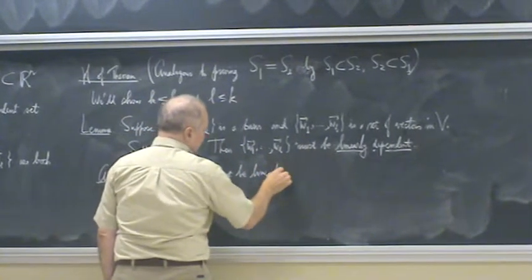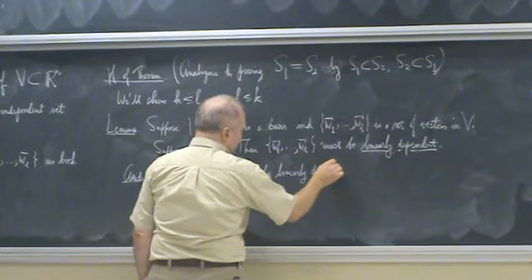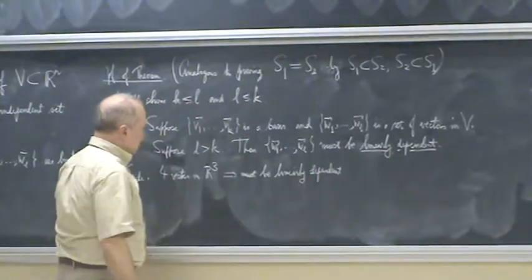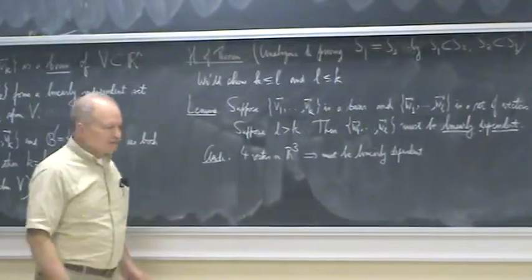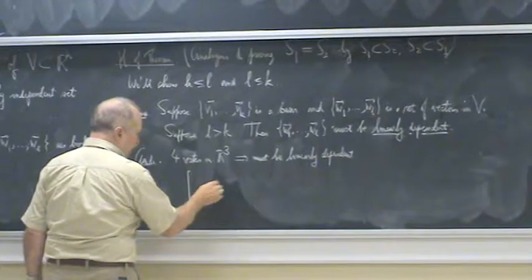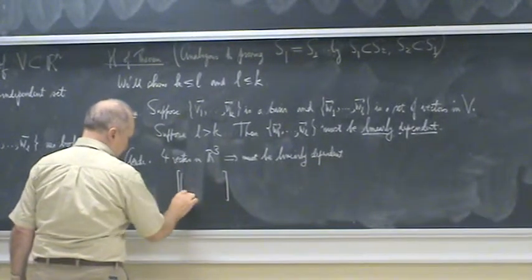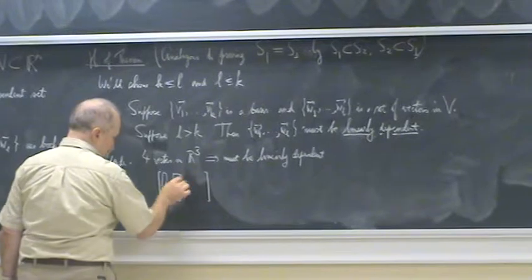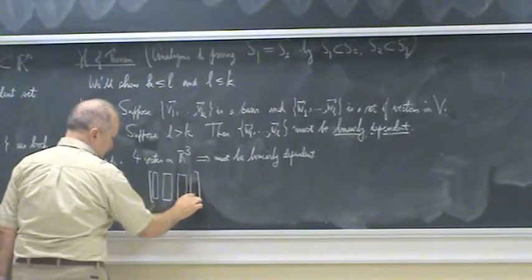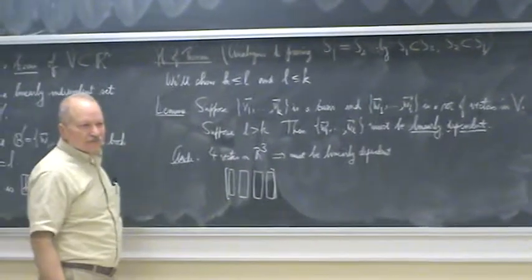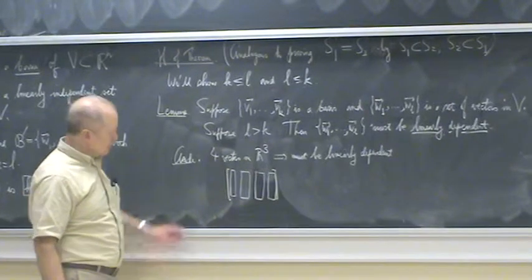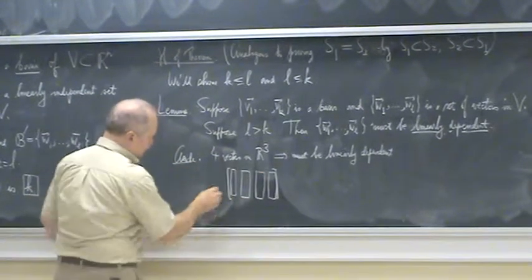You could put them in a matrix, and that could only possibly have rank 3. So how am I putting them in a matrix? Put them in as columns, so I have a what by what matrix when I do that? 3 by 4.